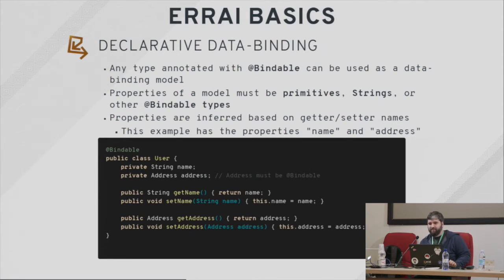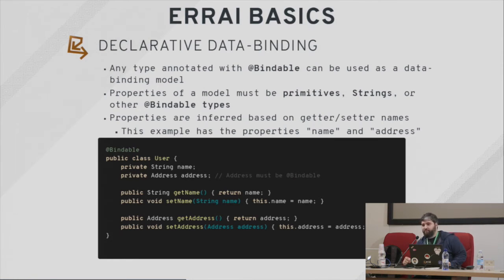Yes, in the back. It's kind of the same question I asked earlier. Is it possible to apply this annotation without annotations on the existing model? Okay, so the question is, can you have a type be bindable without having the annotation explicitly on it? The answer is yes.